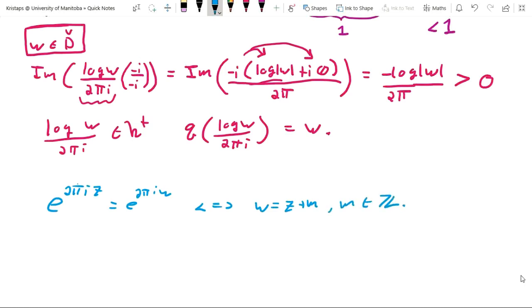This is easy enough to check by, say, writing out the complex polar form in terms of sine and cosine. Therefore, we get a map q tilde, which takes, if we mod out integer translates of the complex upper half plane, this gives us a map to the punctured disk, which is a bijection.